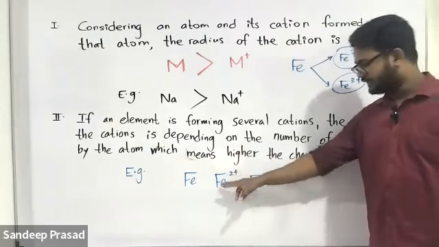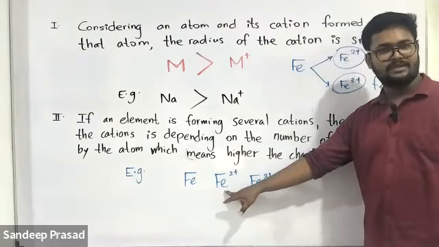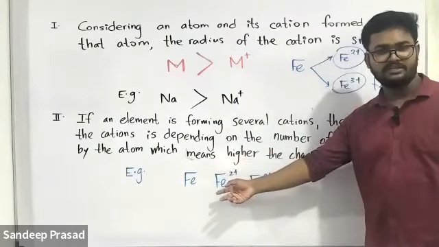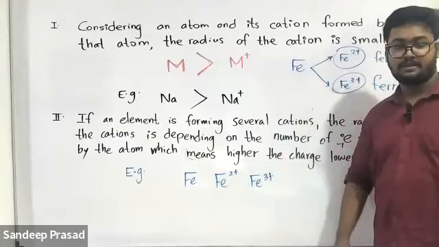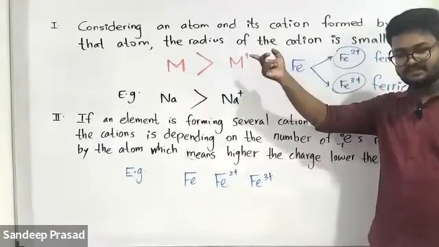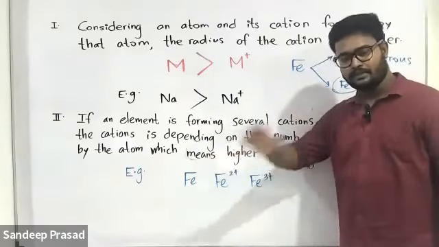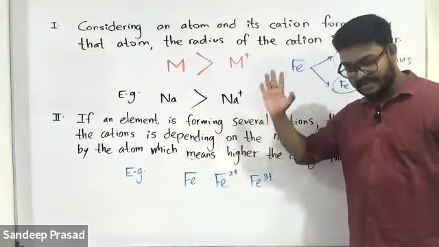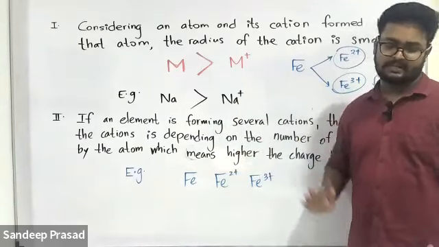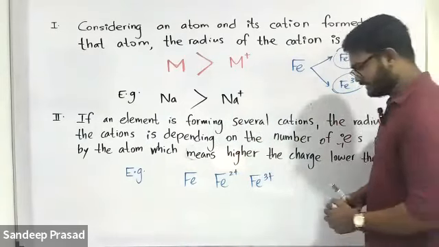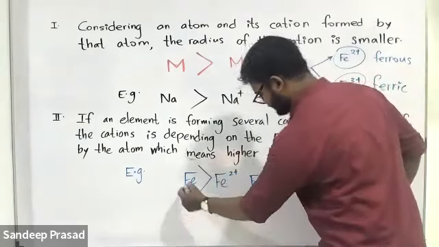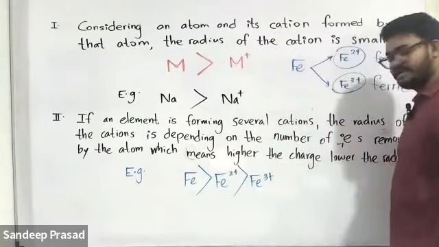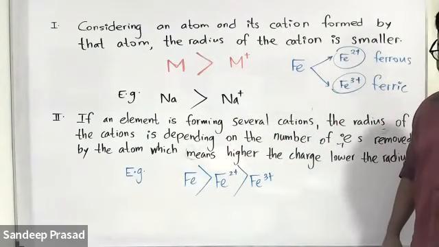In Fe2 plus, 2 electrons are removed, so it should have a greater radius than Fe3 plus. From the previous theory, the element's radius is always greater than the cation's radius. Therefore Fe has a larger radius than Fe2 plus, and Fe2 plus has a larger radius than Fe3 plus. Very easy.